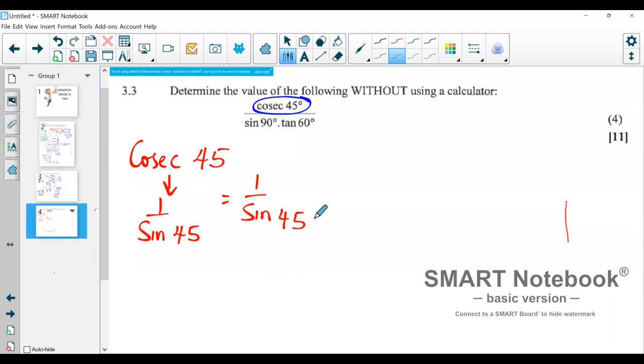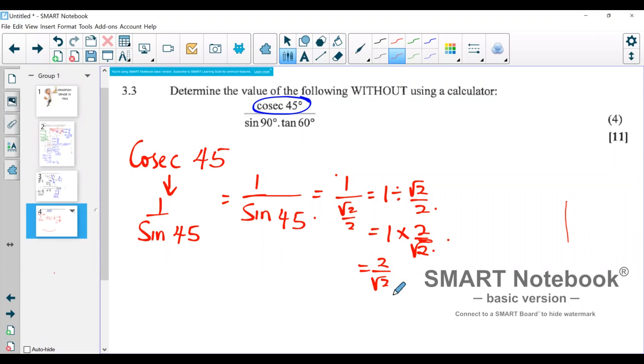Now, Fatima, I'm here with you. If I use root 2 over 2 for sine 45, I'm going to have 1 divided by root 2 over 2, and that will give me 1 times 2 over root 2. Remember, we're not going to leave this, but for now, let's have it as 2 over root 2.